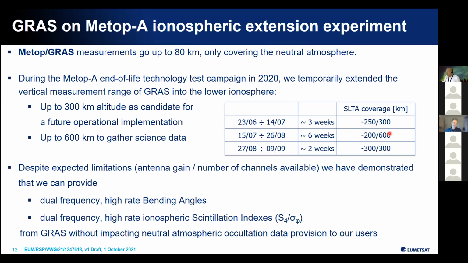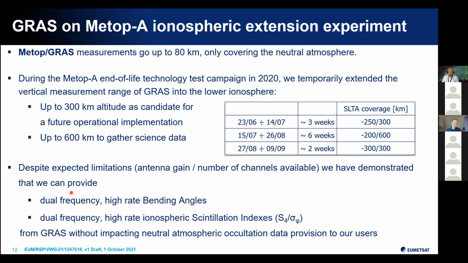We were aware of the possible limitations and problems because we know that the antenna gain of the GRAS instrument was focused on the neutral part only, so we expected some problems in tracking the signal higher up. We know also that GRAS has a limited number of channels available, so we were a bit worried about a possible decrease in the neutral bending angle profiles that we can provide to the user.